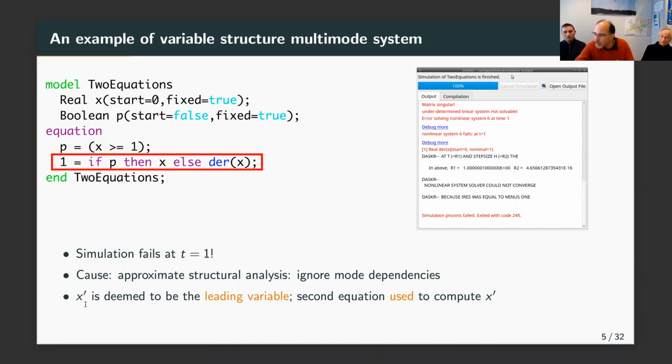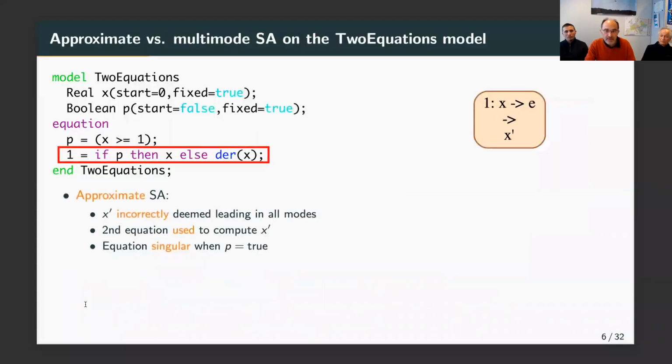It is the unknown that needs to be solved, and this equation is used to compute x prime. But of course, when p is true, this equation cannot be used to compute the value of x prime because it is singular in x prime when p is true. And so this explains why you get the division by zero error at t = 1.